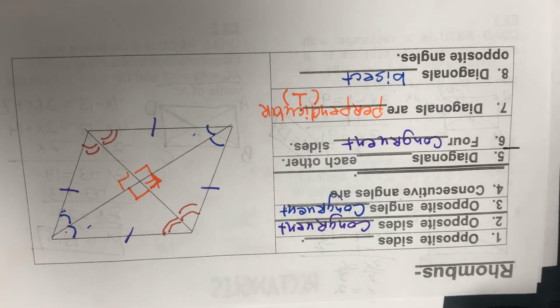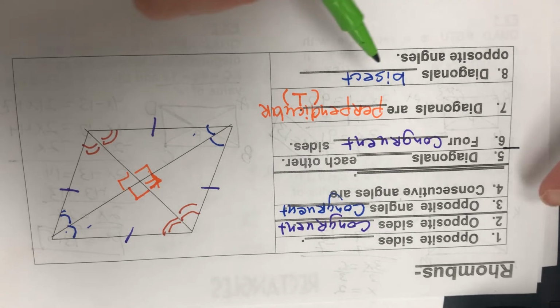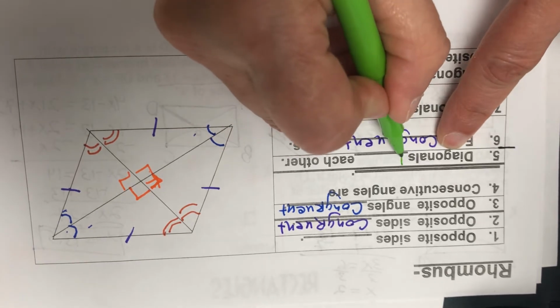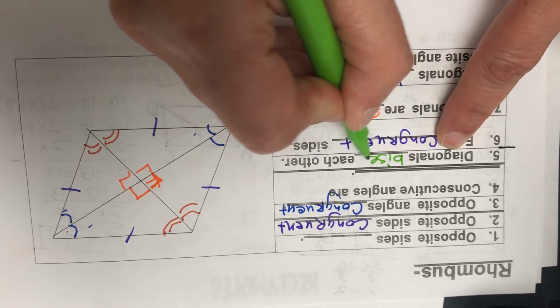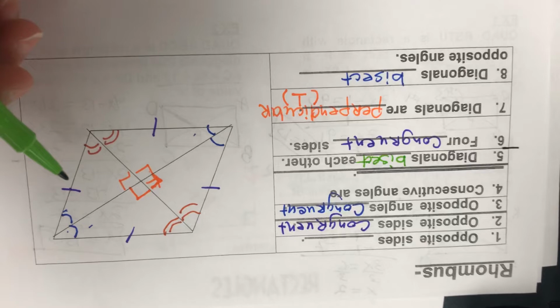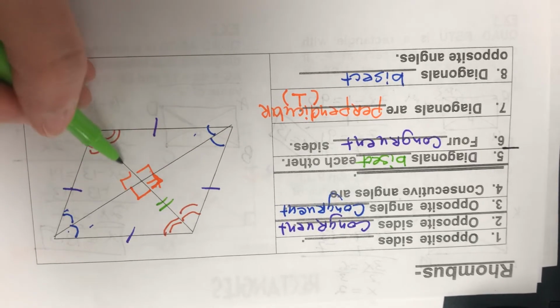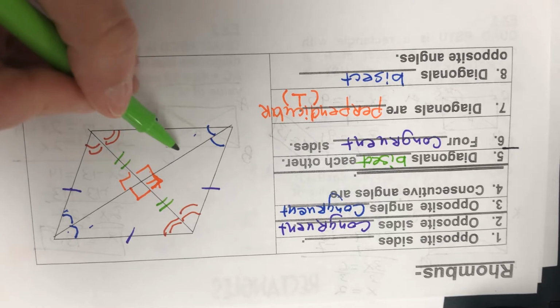Well, we already know, coming back up here, the diagonals bisect each other. So this is congruent to this.